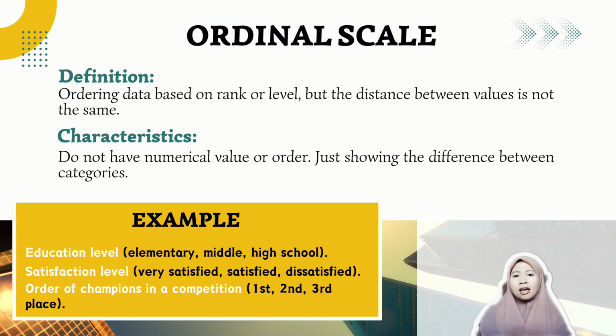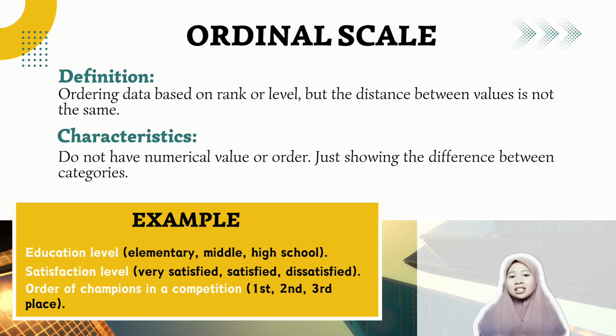We know that very satisfied is ranked higher than satisfied, and satisfied is ranked higher than dissatisfied. However, we cannot say with certainty how much satisfaction levels differ between these categories.